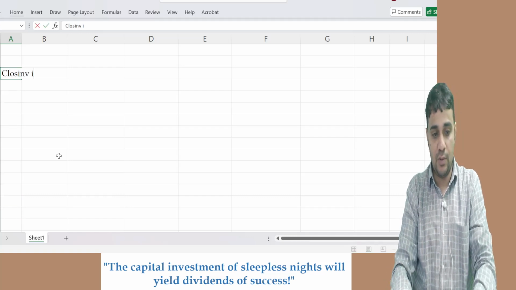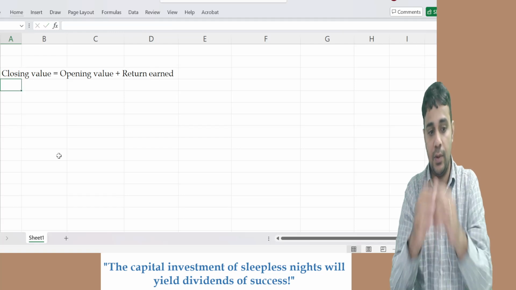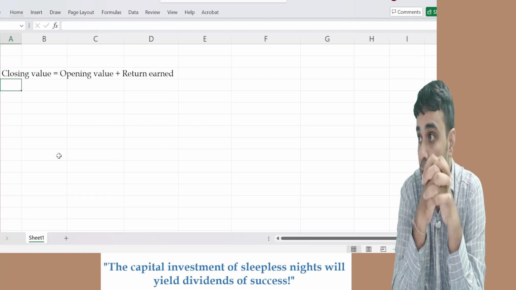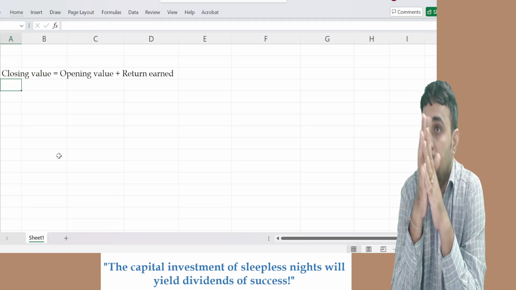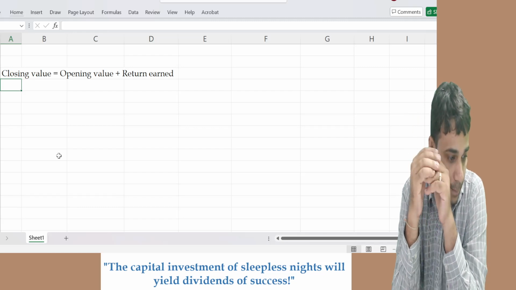Closing value is equal to opening value plus return earned.